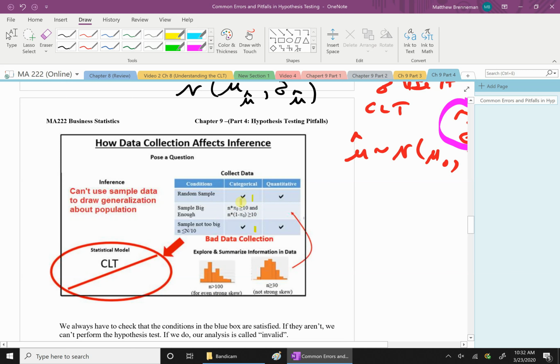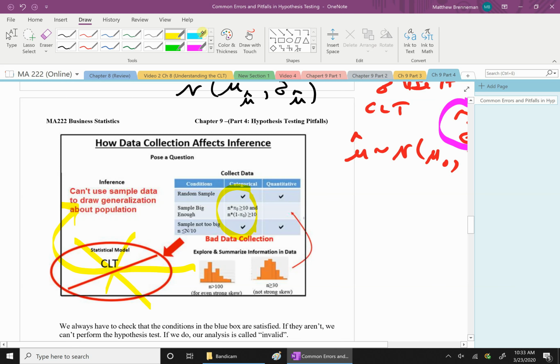And notice that if these are not met, we can't use the central limit theorem, which means we can't make this huge leap from the sample to the population. So this is how this all fits together. This is why data collection is so important. If our data collection is not good, we can't use the central limit theorem, and we can't draw valid conclusions.